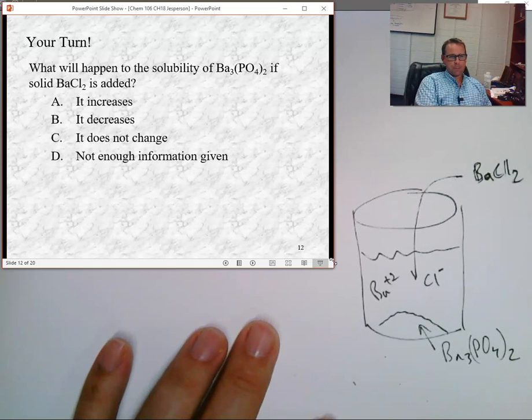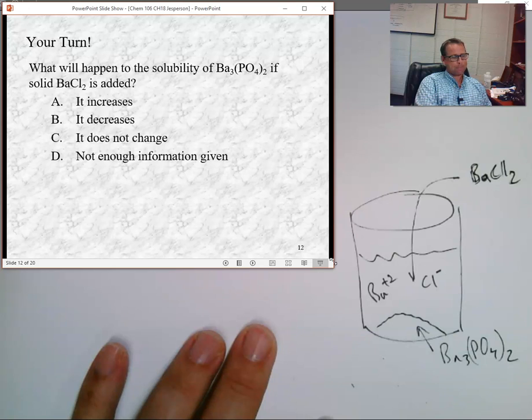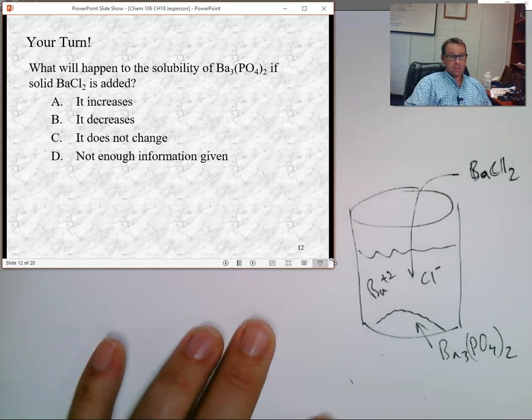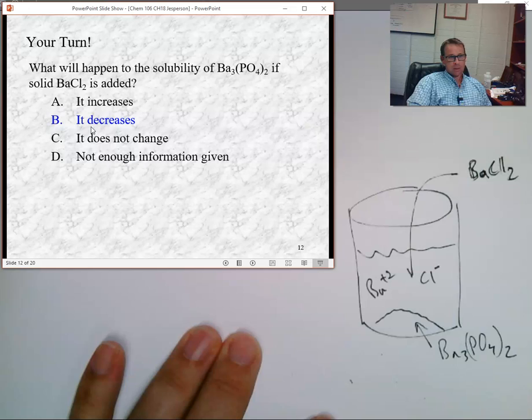What do you think, Sarah? I would think the solubility would increase. Would decrease? Yes, that's right. It decreases.